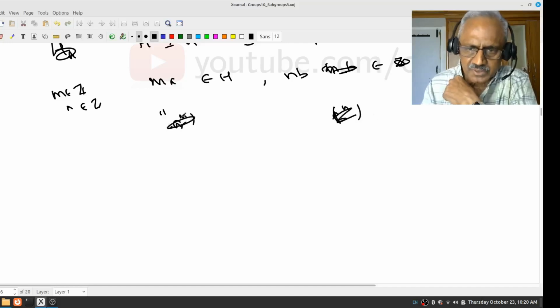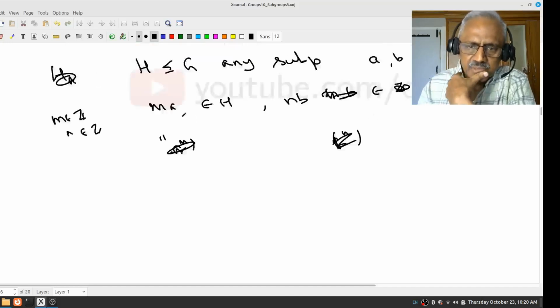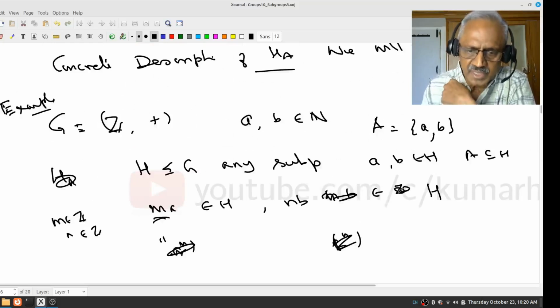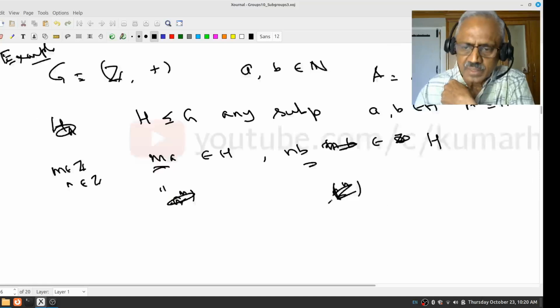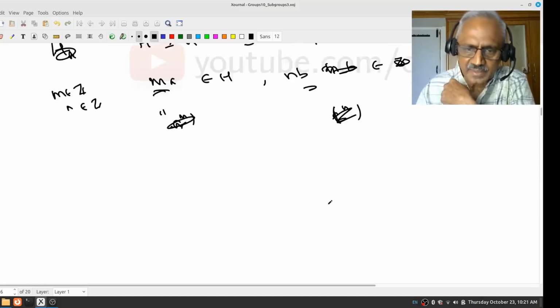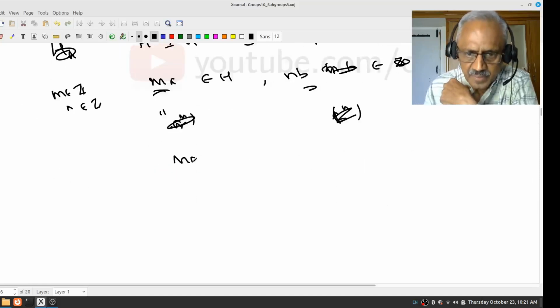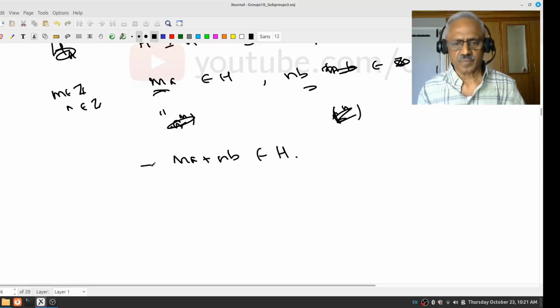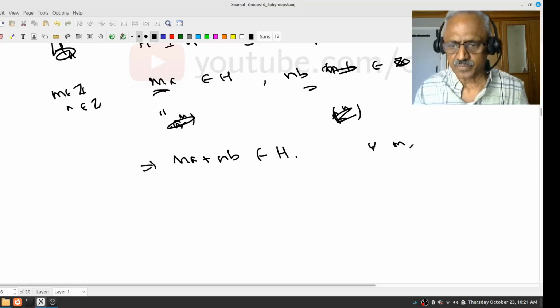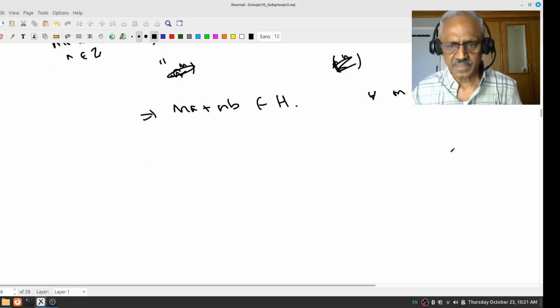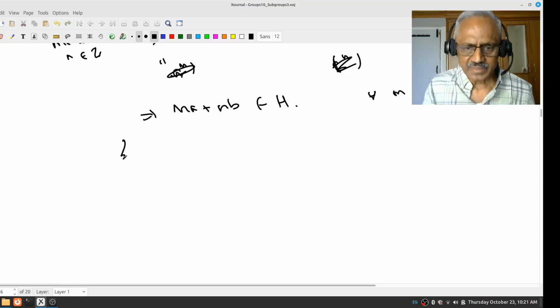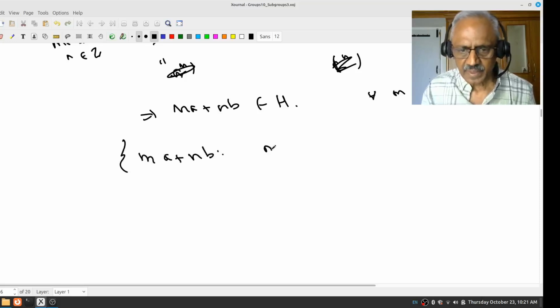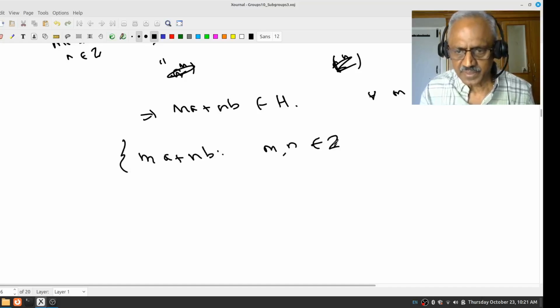We all know this. Now H is a subgroup, ma is an element, nb is an element. Therefore their group product, in this case a sum, ma plus nb should also be in H. This is true for every integer m and n.